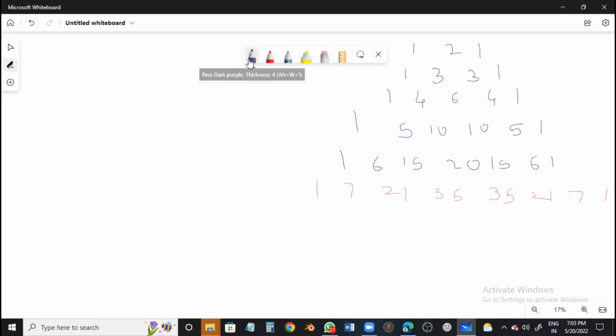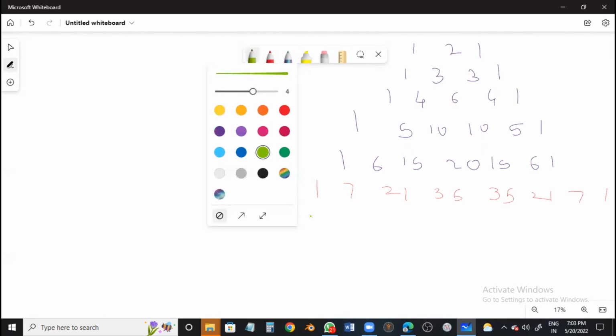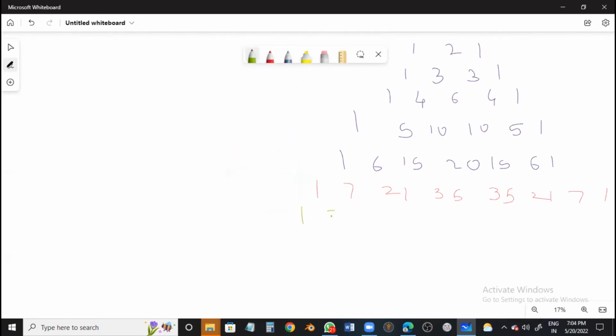Next let us go. 1, 8. Then here it is 28. What next do you get? 56. Here it is 70. This is again 56. What next do you have? 28, 8 and 1. And last is the result you want. So you have 1, 9.